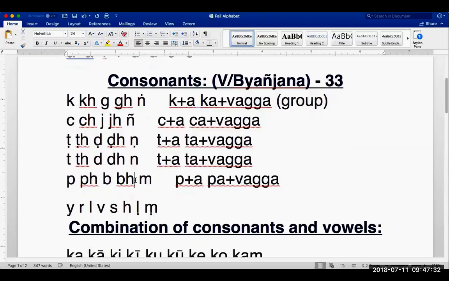Okay, and then so we have y, we have r, l, and then we didn't use this one, w. When we say w, actually we use our teeth and lips. So they are called dantotaja. Danta means teeth, ota means lips.